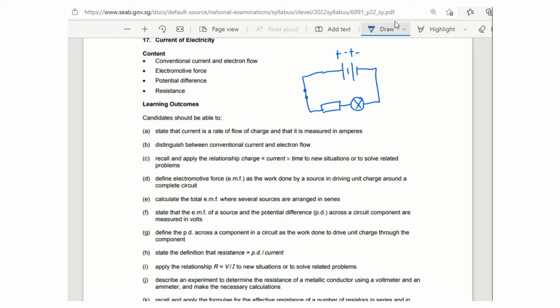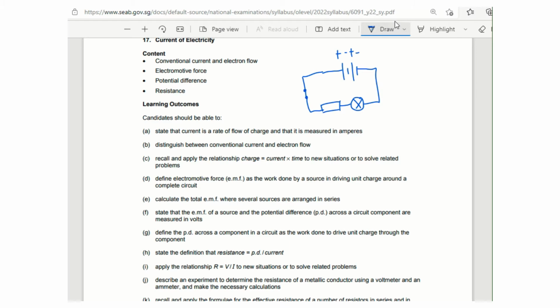But it is actually not the current that is flowing, it's the electrons. So the direction of flow of electrons will be from the negative terminal of the battery back to the positive terminal of the battery. So this is the conventional current versus the electron flow.